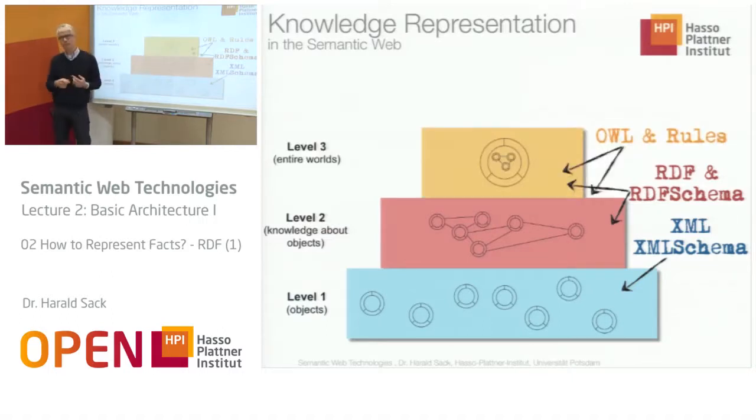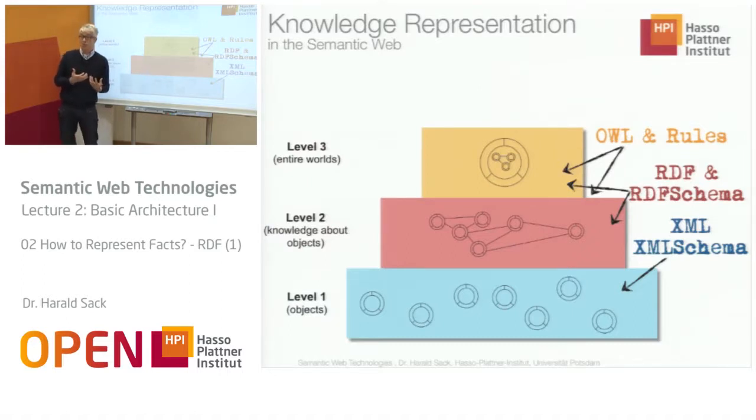And to go one step further, if we want to close our world and want to define an entire world with things inside that world and want to state facts about these things inside that world, then we have to go one step above, and we have to enable greater so-called semantic expressivity with the help of the so-called Web Ontology Language and with rules.